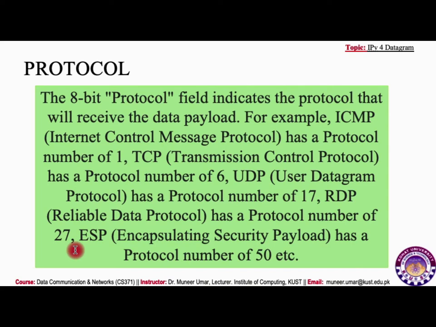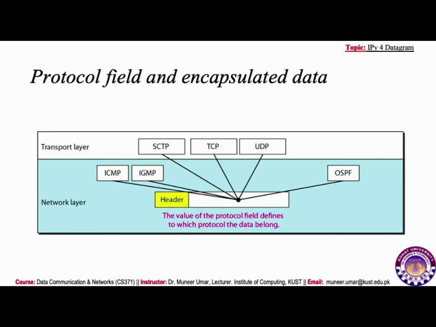So we have different protocols, and these protocols have some numbers through which they are identified. Here we can have ICMP, IGMP, SCTP, TCP, UDP, DCCP, OSPF, and there are so many other protocols. The value of the protocol field defines to which protocol the data belongs.